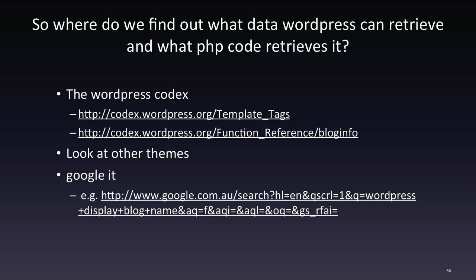Another good way of finding out what does what is to look at other themes and see what kind of WordPress functions they're outputting, comparing the output and seeing what exactly it is doing. And then obviously Googling it. As I said, WordPress has stacks of great tutorials and simple examples of everything from the entire process of creating themes to using one particular function or template tag.